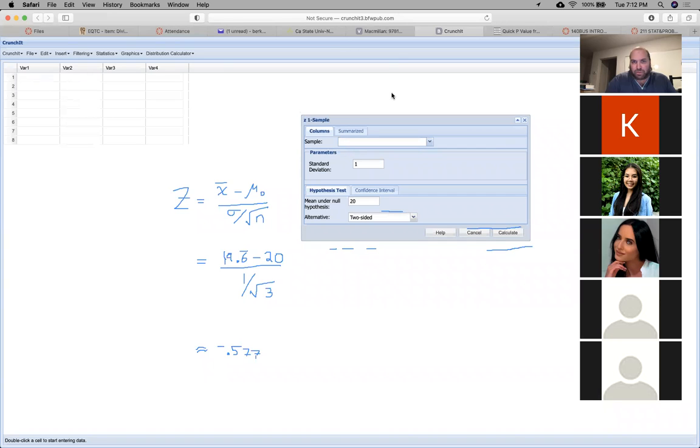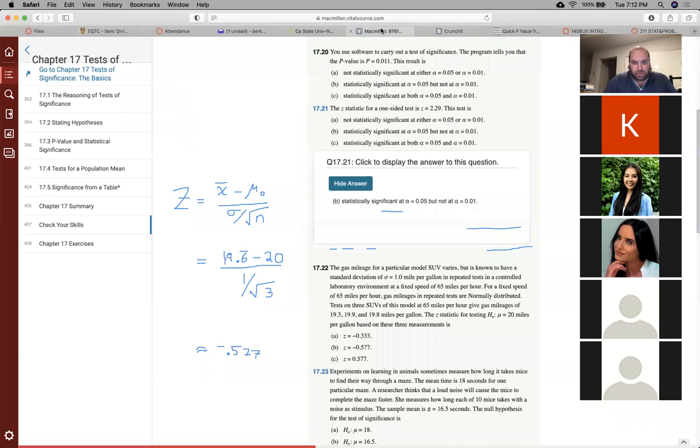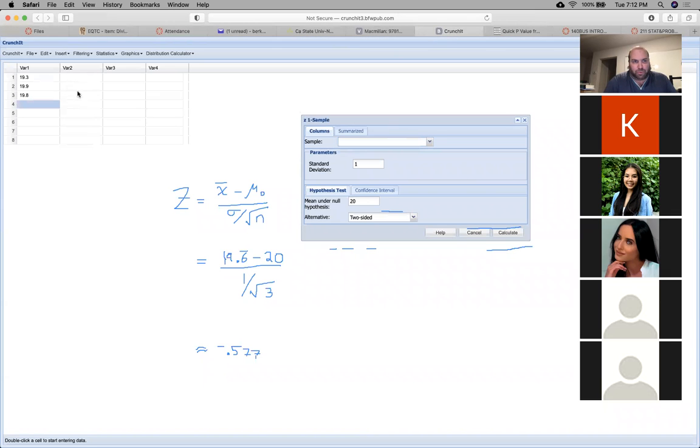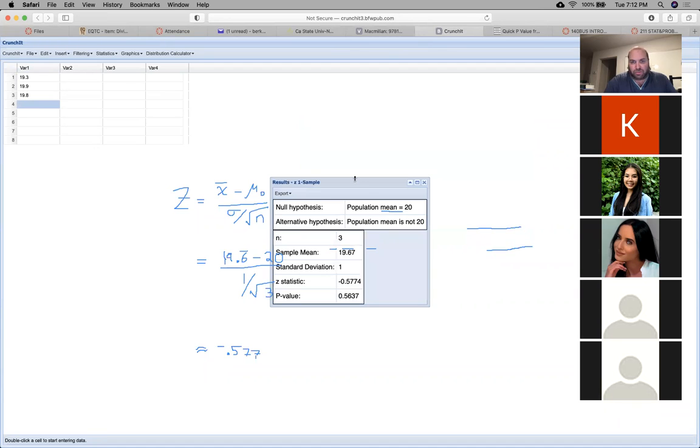Well, in this case, there's only 3, so let's do the actual values. What are my actual values? 19.3, was it? 19.9, and what was the third one? 19.8? Yeah. And we'll call this variable 1. So we're going to use variable 1 as my sample, and I'm going to calculate.